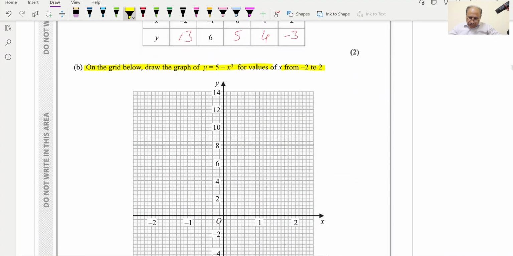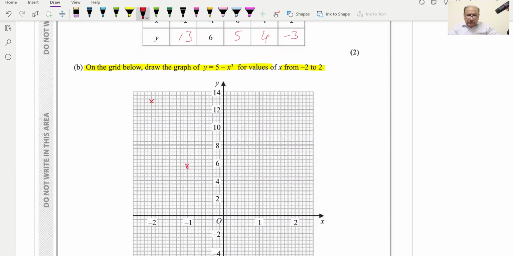Minus 2 is 13, so we identify minus 2 and 13. 13 will be in the middle of 12 and 14, so we can mark over here carefully. This is the mark. Then minus 1 is 6, so minus 1 and 6 will be over here, this mark.